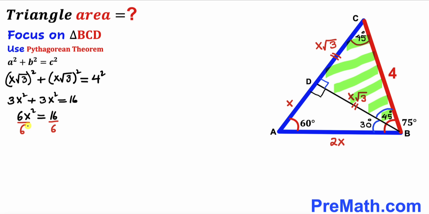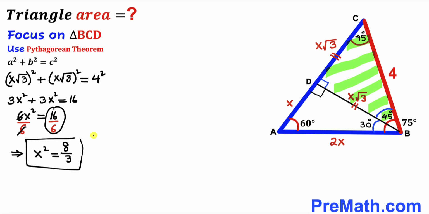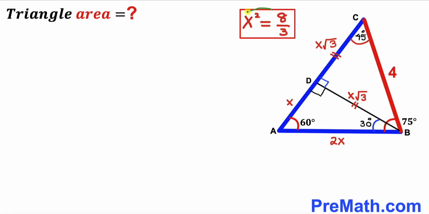Now we are going to divide both sides by 6 to isolate x squared. This 6 and 6 is gone, so our x squared value equals, if we reduce the right hand side, 8 divided by 3. So our x squared value turns out to be 8 divided by 3.